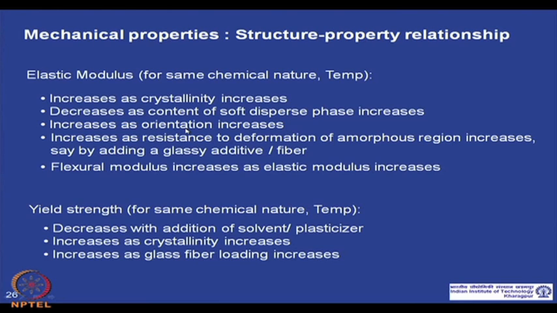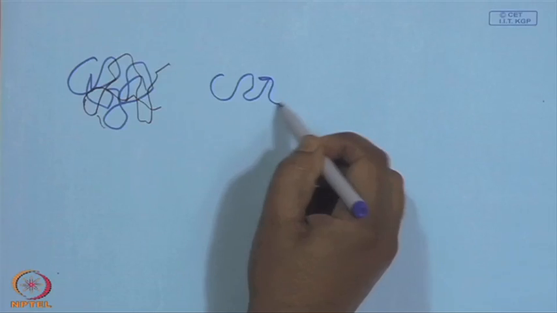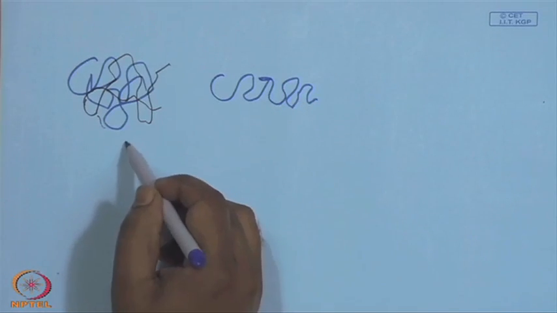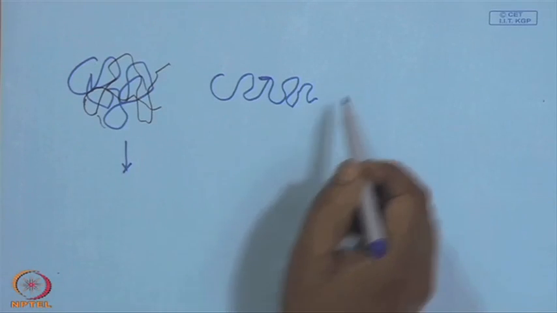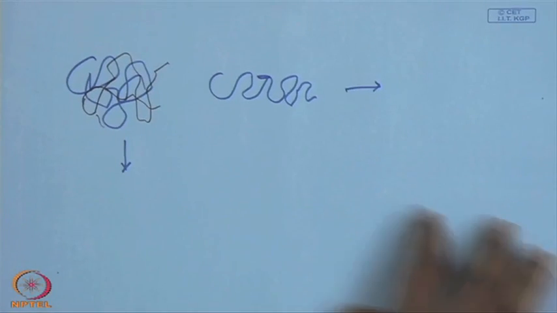If there is orientation, if the chains are already oriented a little bit, obviously if you want to deform further, you have to stretch the polymer chains further. This is the original state. Now, if I have already stretched and aligned, oriented a little bit, then obviously deforming from this state will be much easier compared to deforming longitudinally from the original state.